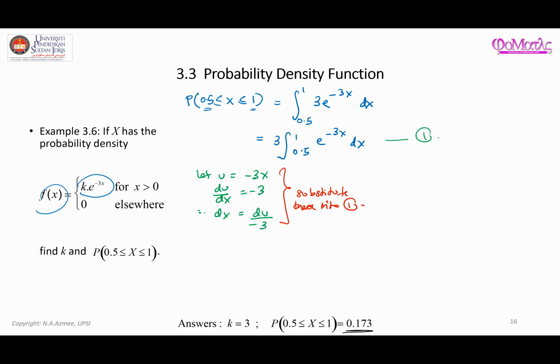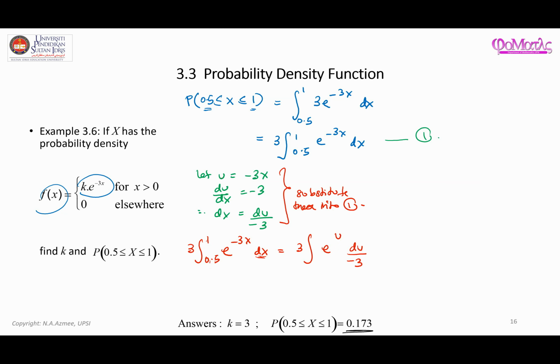So what we have is 3 times the integral of e^(-3x) dx is going to be represented as 3. I'm not going to write down the limits anymore because these limits are related to x. We replace this with u, so e^u, and dx is replaced with du over negative 3.